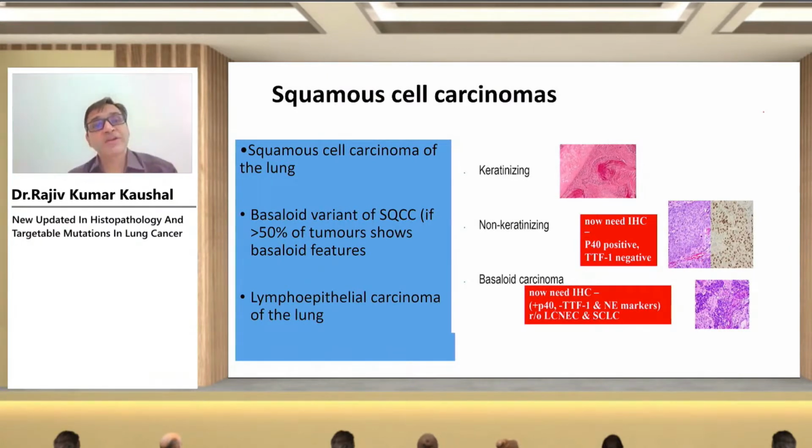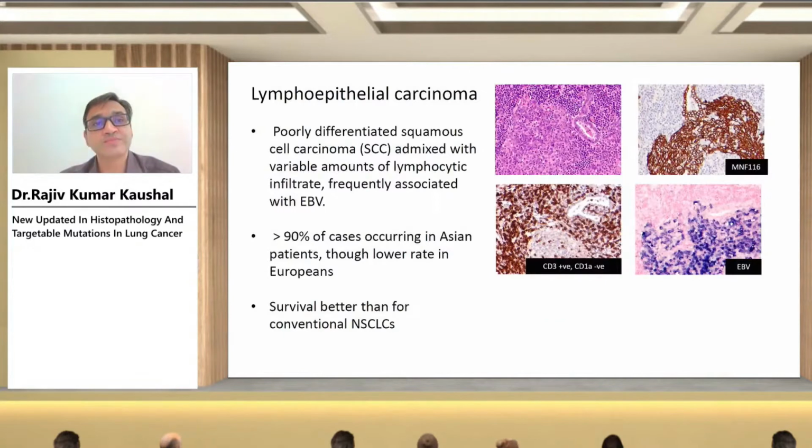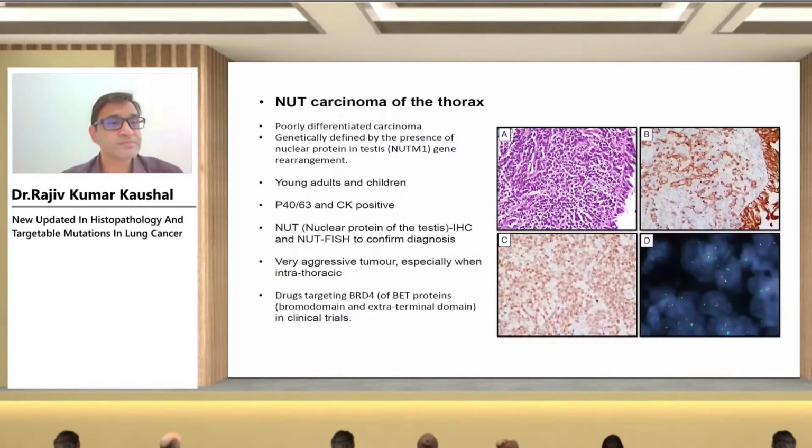The next common category of tumor is squamous carcinoma. In this, keratinizing and non-keratinizing types are there. If it is non-keratinizing, in those situations we have to do immunohistochemistry for confirmation. The lymphoepithelioma-like carcinoma is a new entity proposed in the new WHO classification.